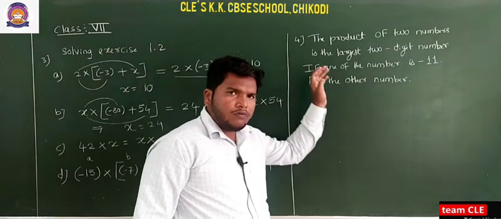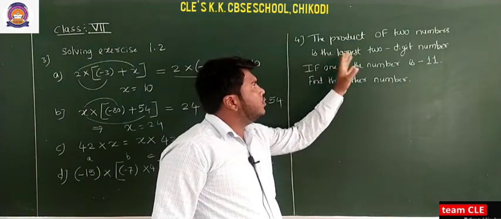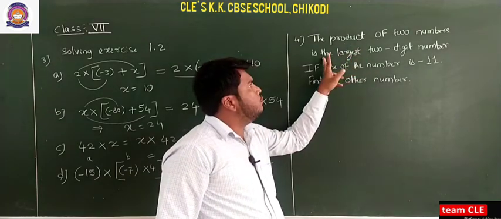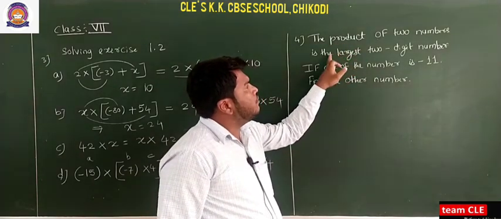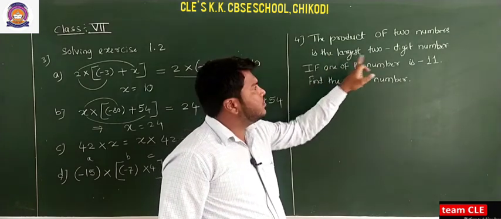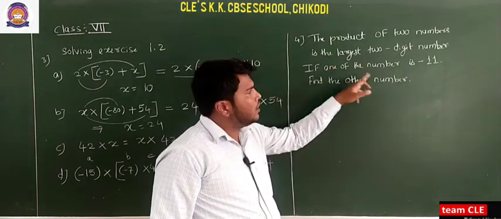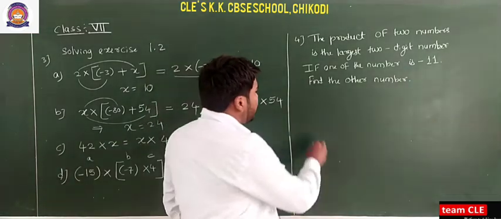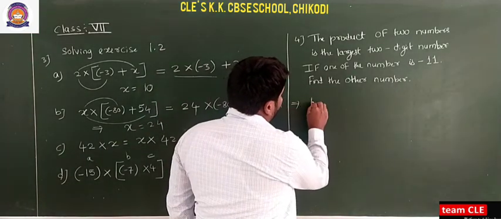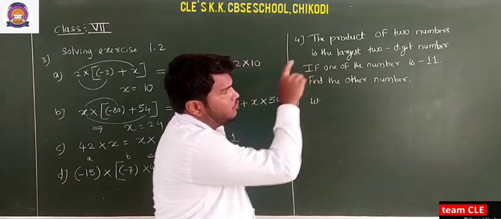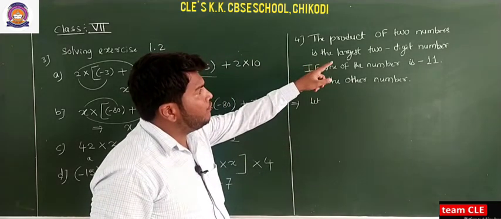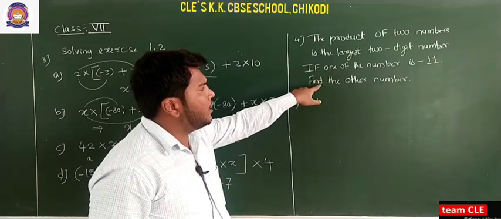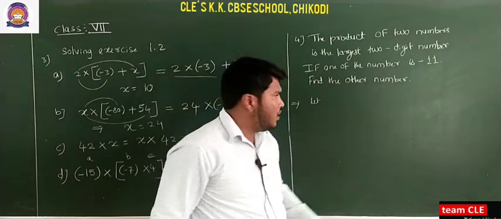Now see the fourth question: the product of two numbers is the largest two-digit number. If one of the numbers is minus 11, find the other number.